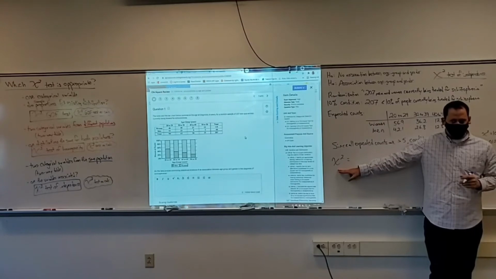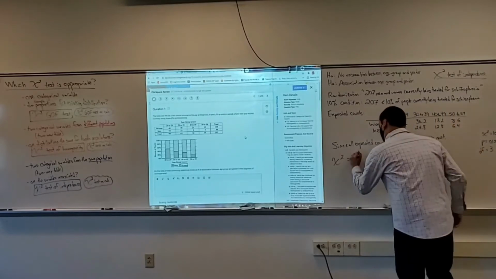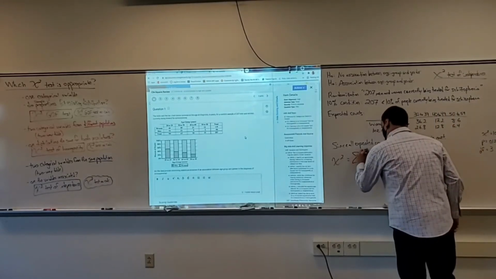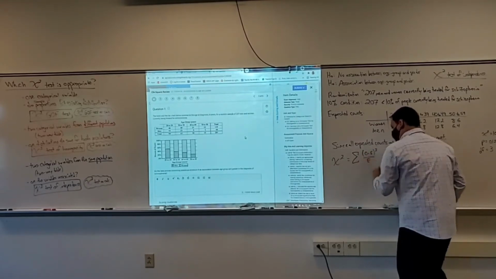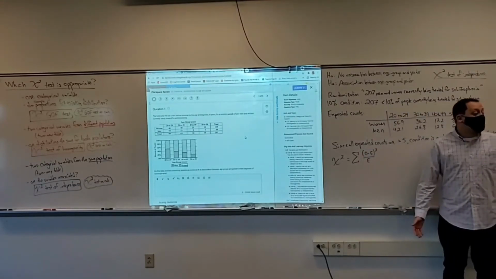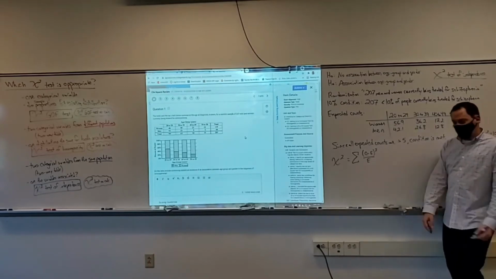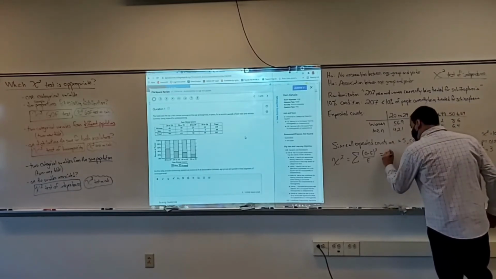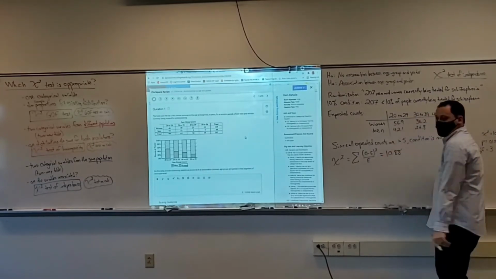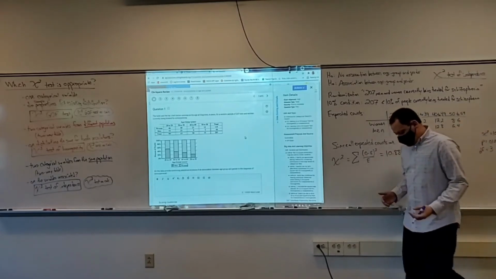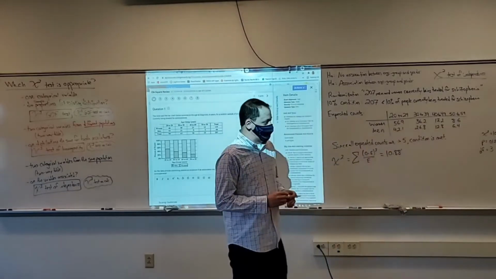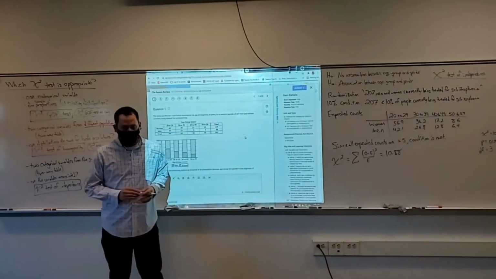Yeah, it's the sum of all of the observed minus expected squared over the expected. It says this? Perfect. If you write this formula, and then write that it's equal to 10.88, you're good. If you only write that it's equal to 10.88, they might ding you for not knowing what the formula is, but it's on the formula sheet.